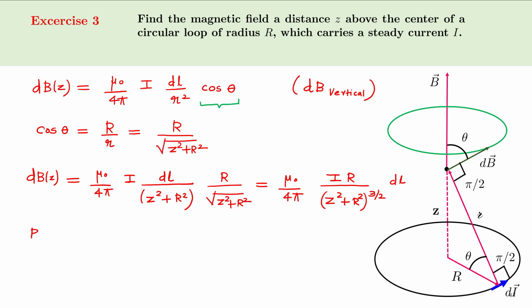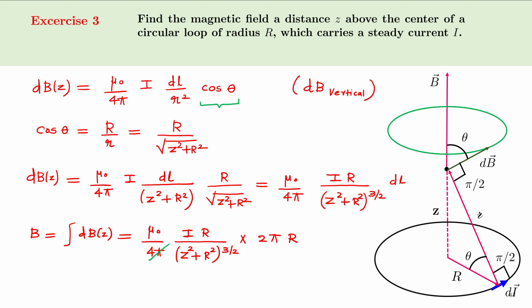Therefore the total field B is equal to integral dB z, and that is equal to mu 0 over 4 pi, then I multiplied by r divided by z square plus r square raised to 3 by 2 multiplied by 2 pi r. 4 pi and 2 pi get cancelled, resulting in B as equal to mu 0 I over 2, then r square over r square plus z square raised to 3 by 2.